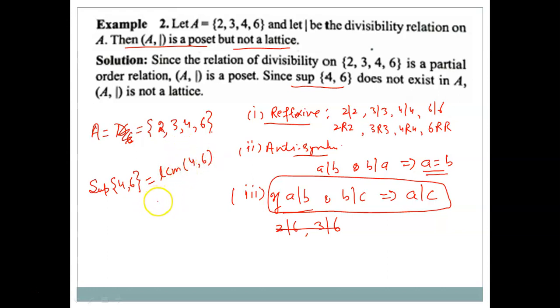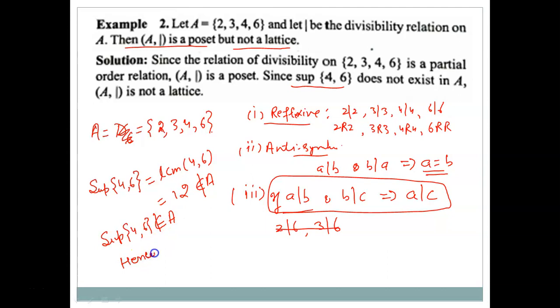The least common multiple of 4 and 6 is 12. And you can see 12 does not belong to A. So the supremum of the pair 4, 6 does not belong to A.